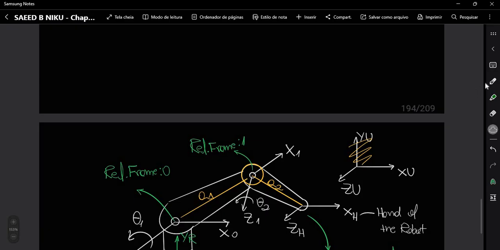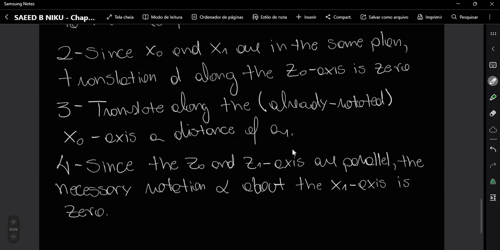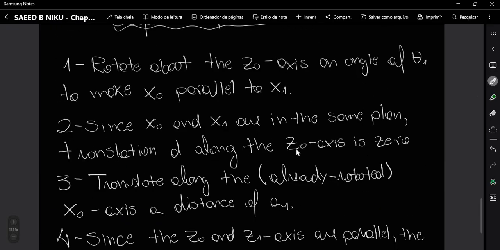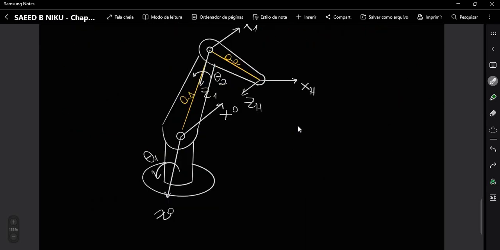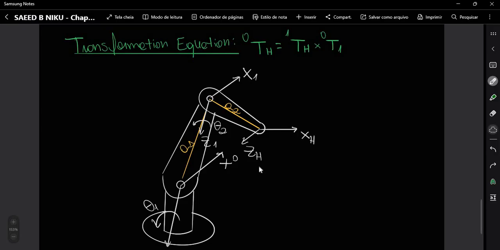And right here, since x0 and x1 are in the same plane, now that they are in parallel, the translation d along the z0 axis is 0. And why is this?